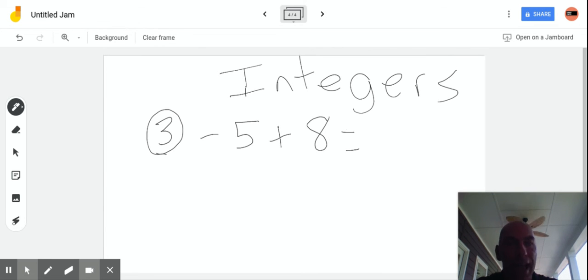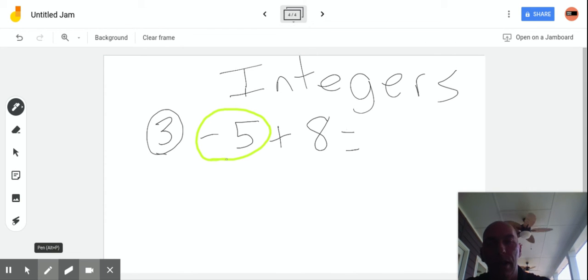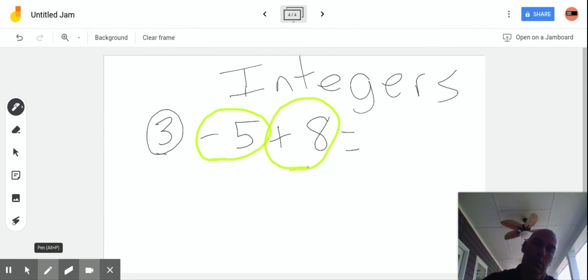Same signs add and keep, different signs subtract. Do we have different signs here? Of what integers? We have two integers. We got a -5 and we have a +8.